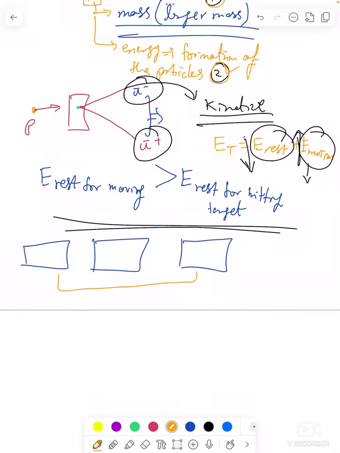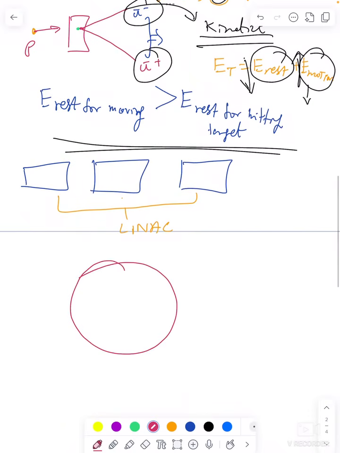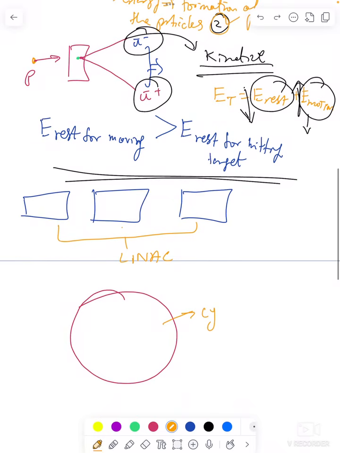One is Linac, also known as linear accelerator, and then we have a circular accelerator known as cyclotron. Interesting name, right? Cyclotron. Sorry if I wrote the spelling wrong.